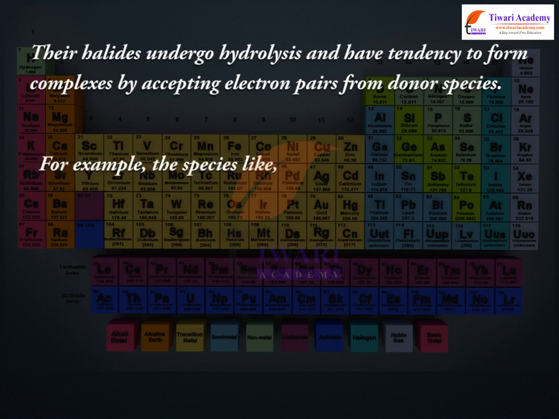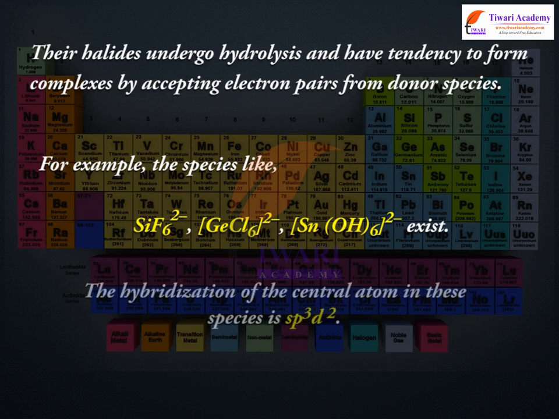For example, species like SiF6 2-, GeCl6 2-, Sn(OH)6 2- exist. The hybridization of the central atom in these species is sp3d2.